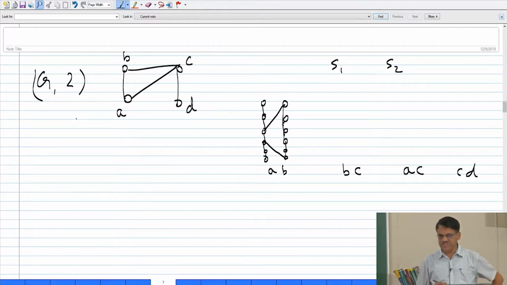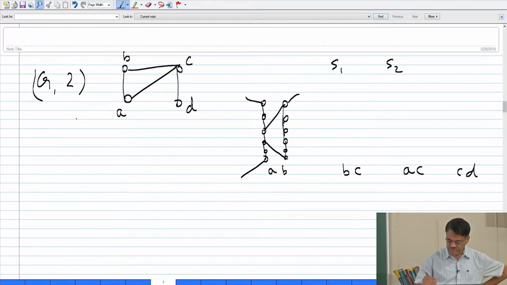This is how an edge gadget will look like. Okay, and a gadget is simply a graph corresponding to the edge AB. I can number them, but let's see. So similarly, exactly a copy of this for BC, a copy of this for this edge, a copy of this for this edge, and then these guys are adjacent outside.